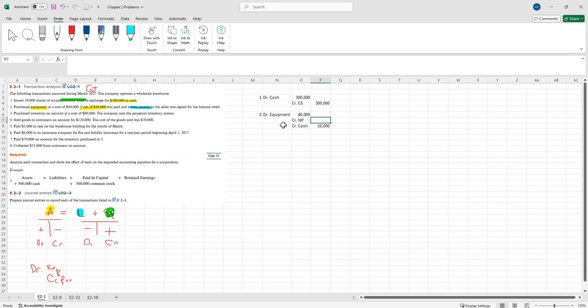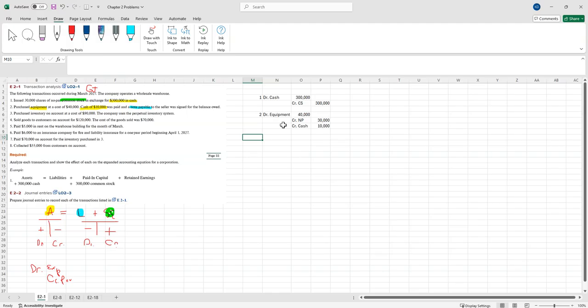They don't tell us explicitly what the note payable is, but we can back into it in the sense that our total debits of 40 have to equal our total credits. So that means that this has to be $30,000. Nothing too bad on that one.